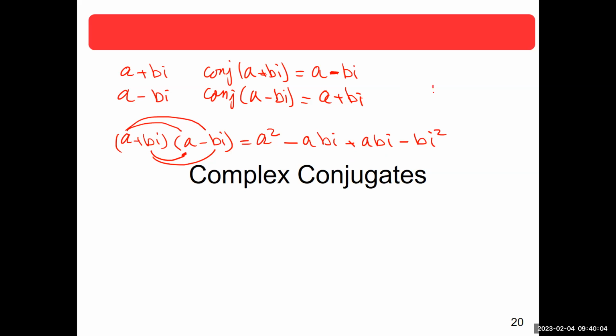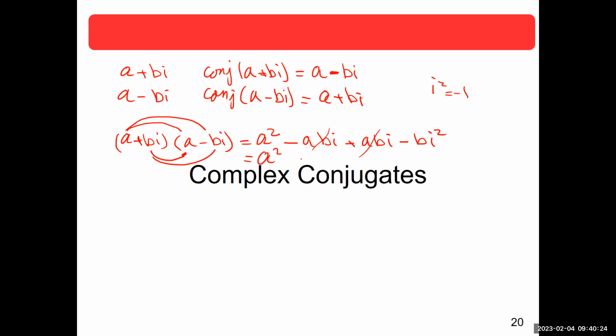Now we know i squared equals negative 1. Let's continue here. a squared. We have negative abi. Because this is positive and this is negative, they come out to be the same and cancel out in addition.